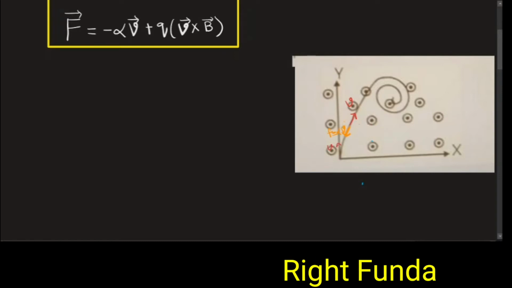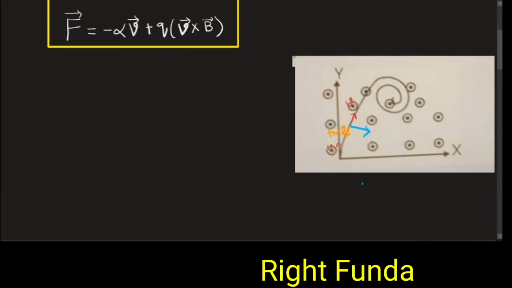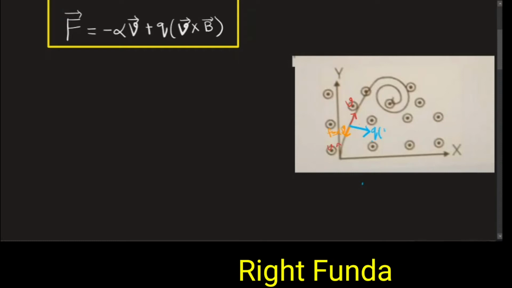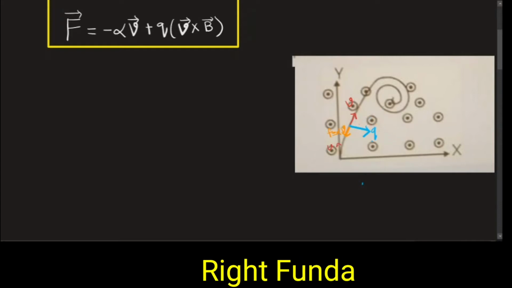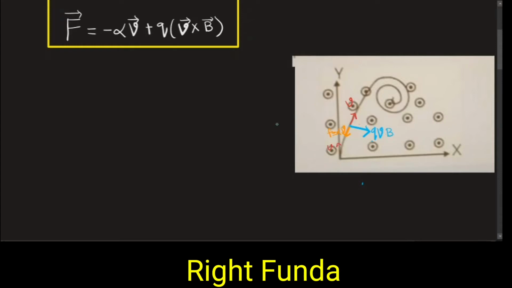And also there is qvB, B is coming out of the screen, so there is another force that will be perpendicular to the velocity. This is called the magnetic force, or q v cross B. In this case, as the velocity is perpendicular to the magnetic field, I can write q v B sin 90 degrees, so the magnitude of the force will be qvB.